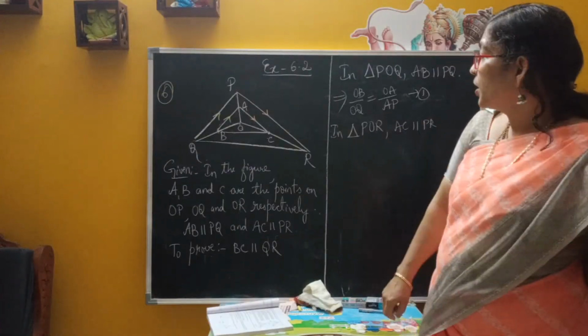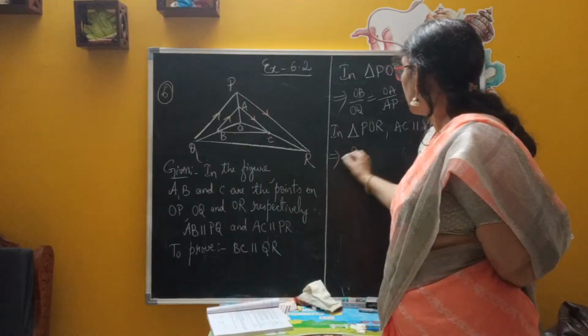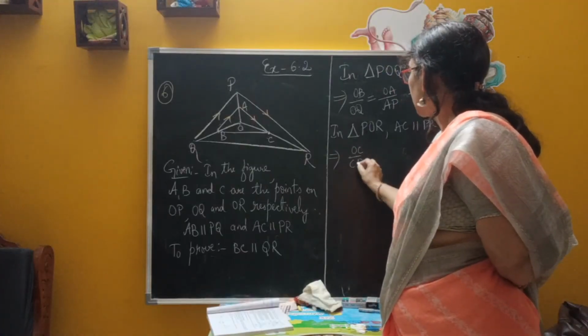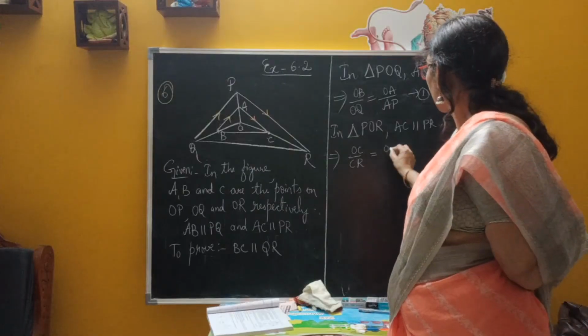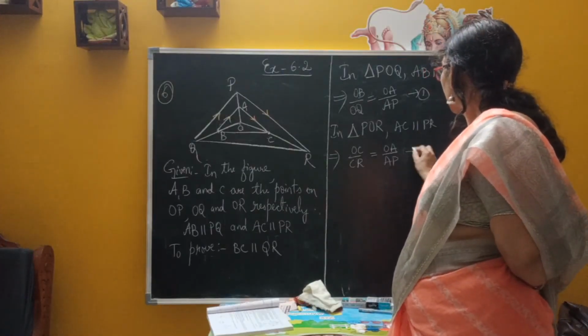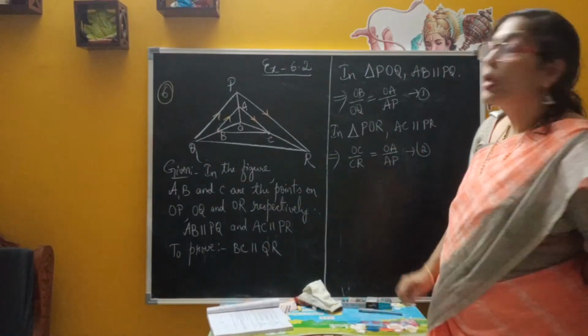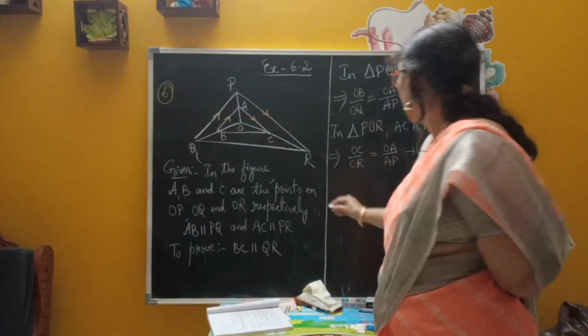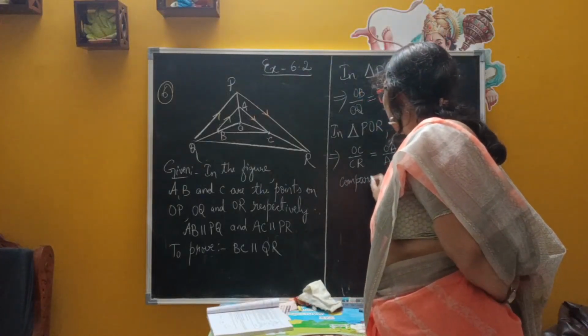So what do you say about the ratio? This implies OC by CR is equal to OA by AP. Equation 2.